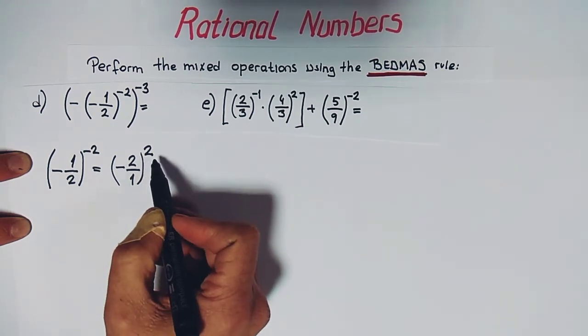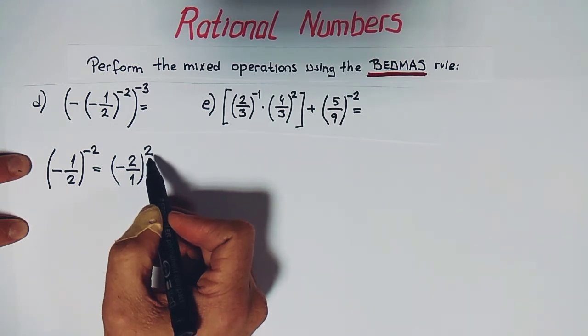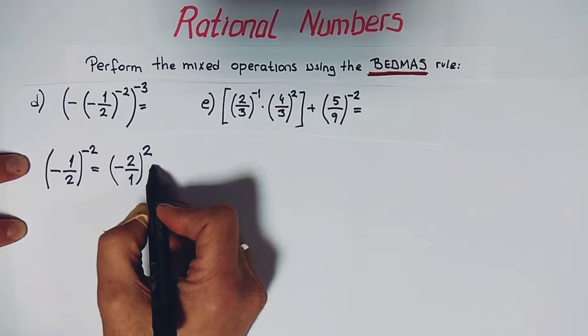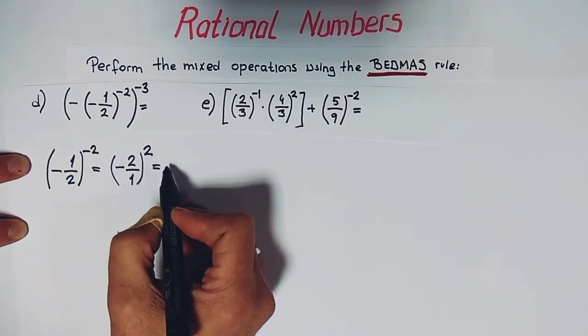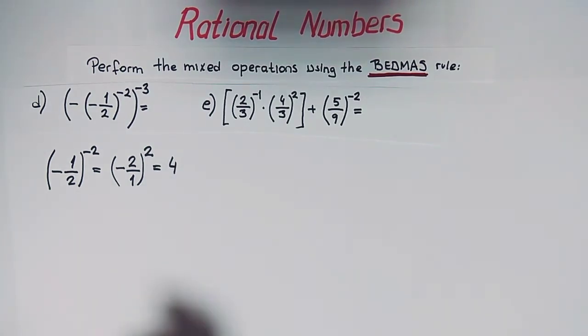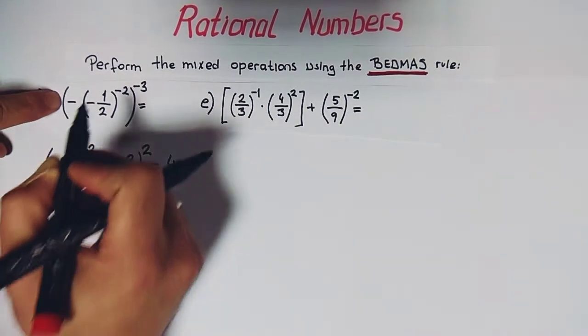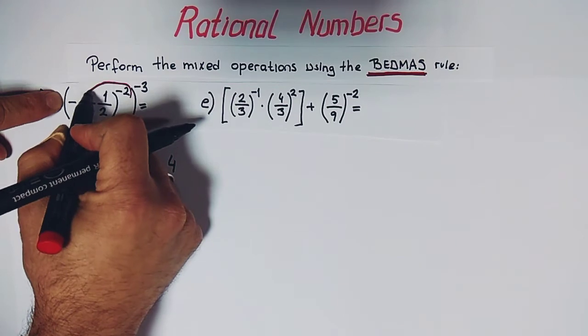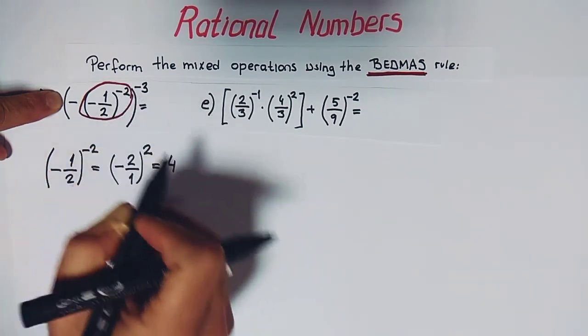You see? Okay. So I can do that. It's equal to negative 2 squared actually. It's equal to 4. In the original question, I found the value of this. And it is equal to 4.